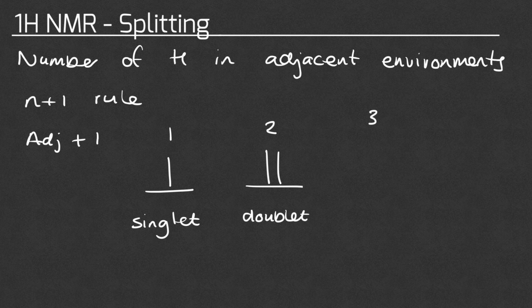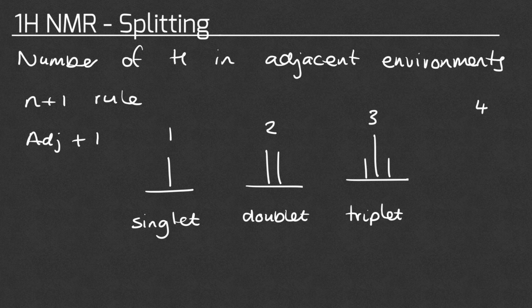If N+1 equals 3, it means there are 2 adjacent hydrogens, as 2 plus 1 equals 3. And our peak will be split into something which looks like this. Note the different heights of the peak. So we've got a smaller peak, a large peak, and a smaller peak. And we call this a triplet.